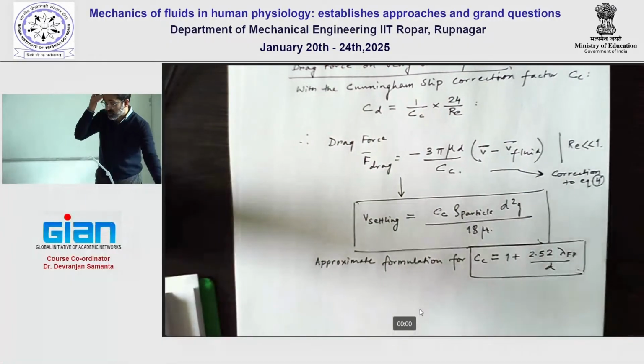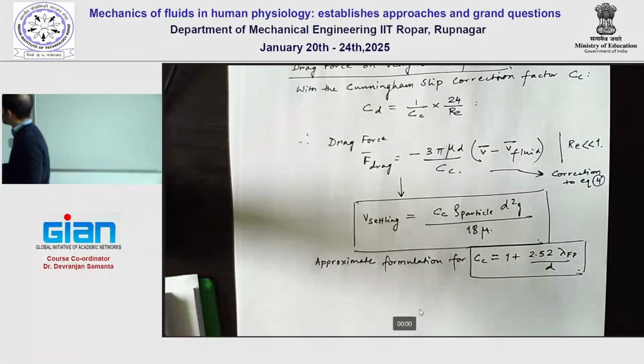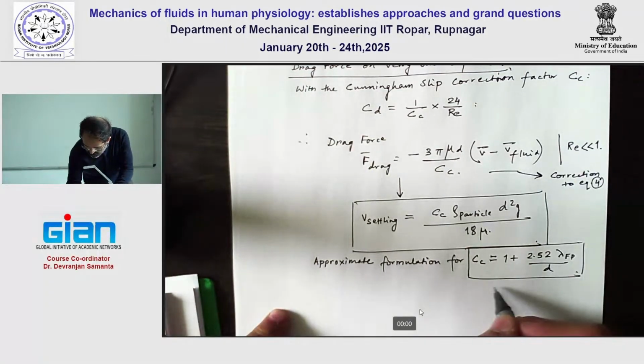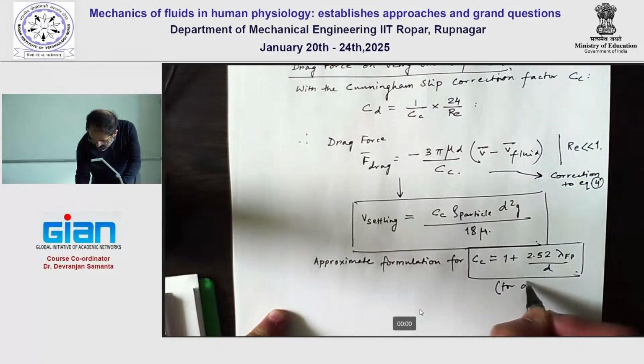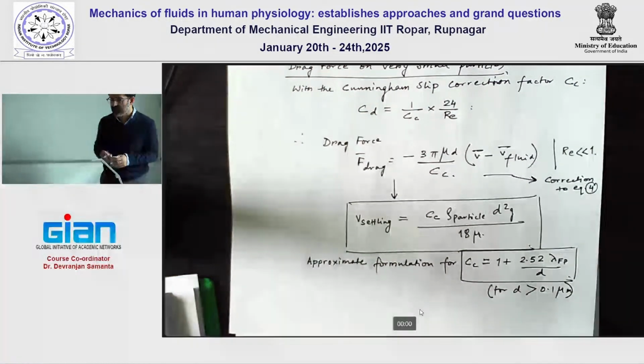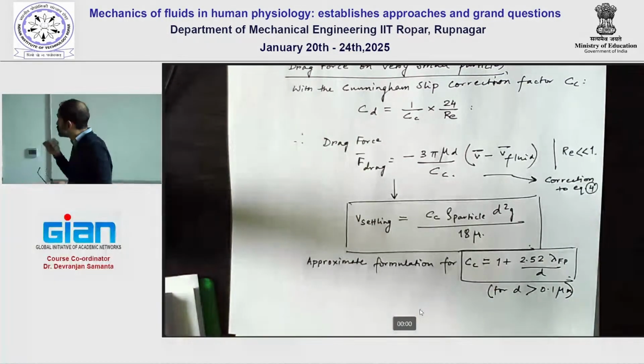If you apply the actual value for lambda for the typical particle sizes we are looking at, for example d greater than 0.1 micron, with lambda being 0.067, you will see that this becomes very close to 1.